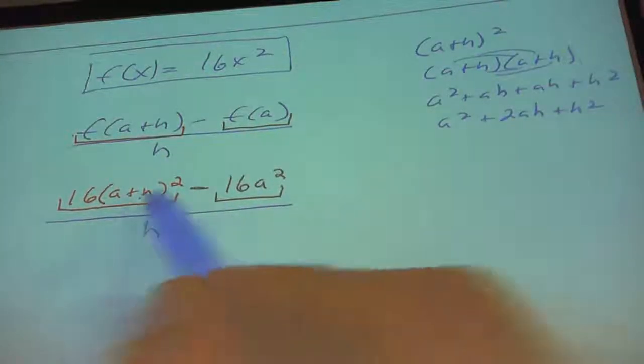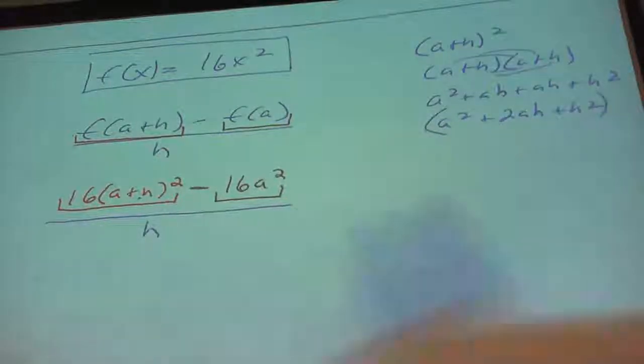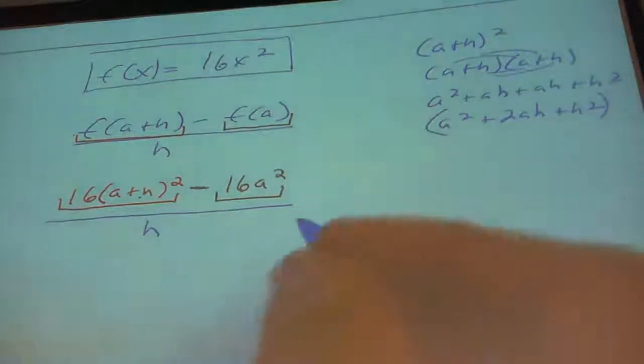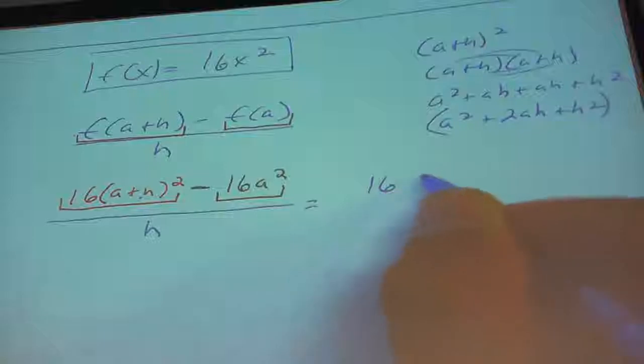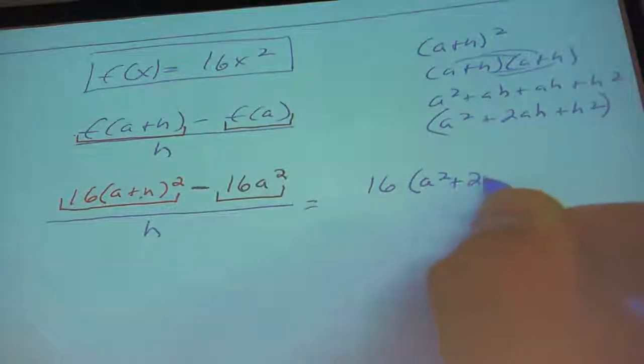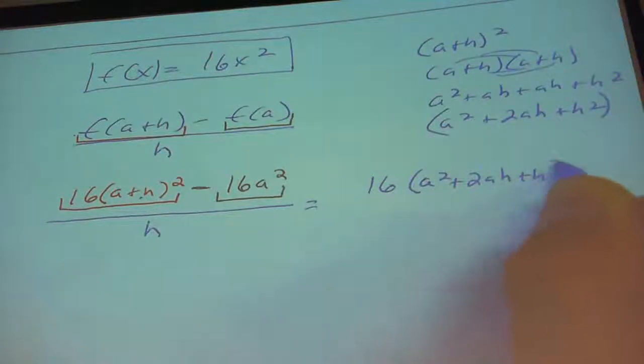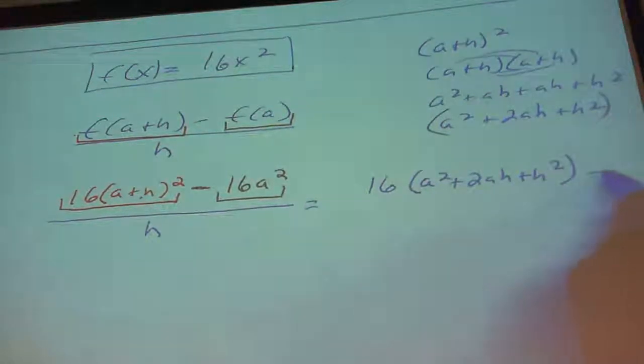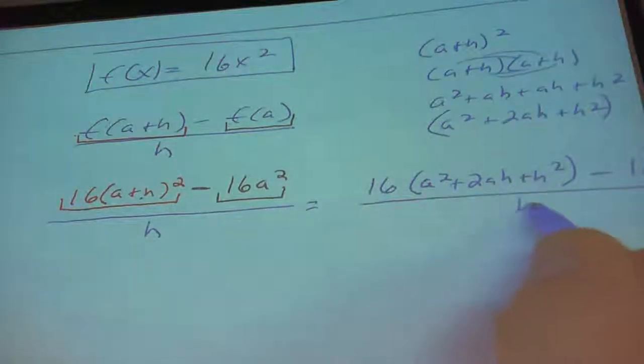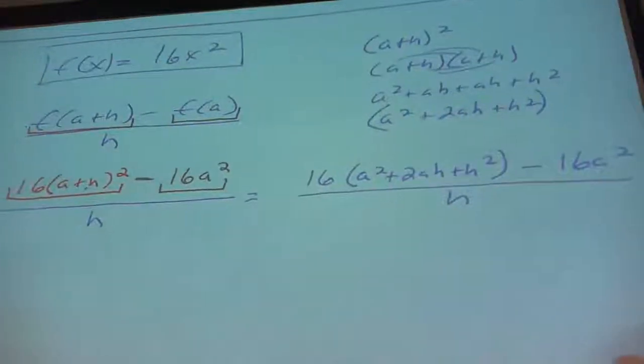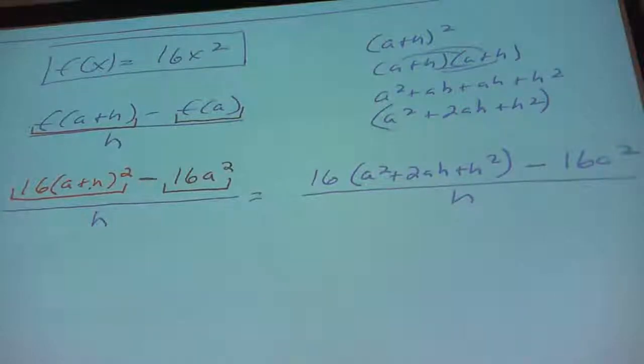Is everybody okay with that? I don't have to work that out, but I think it helps people. So all of this becomes 16 times a squared plus 2ah plus h squared, minus 16a squared, all over h. What's scary about this is the algebra, but I'm hoping it's not that scary.